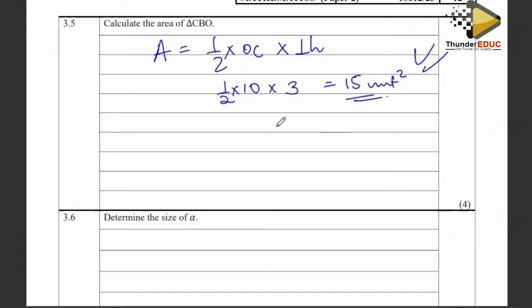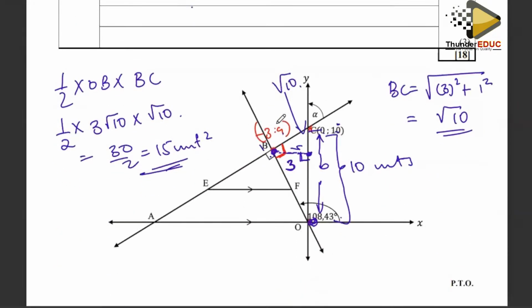All right, 3.6. Let's find the alpha. They want us to get the size of alpha. Now, let me just erase this out so that we make more sense out of this. For us to get the alpha, one thing I want us to do is we know that this is a 90. Because between the y and the x, we can find this angle here, which is angle BOC.